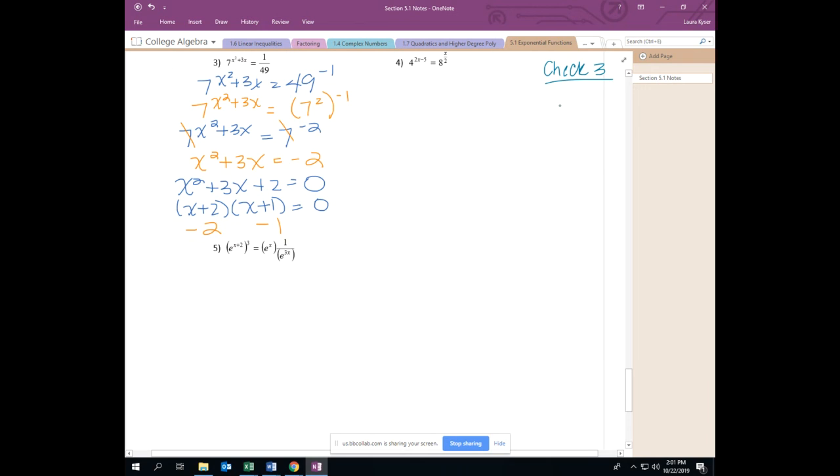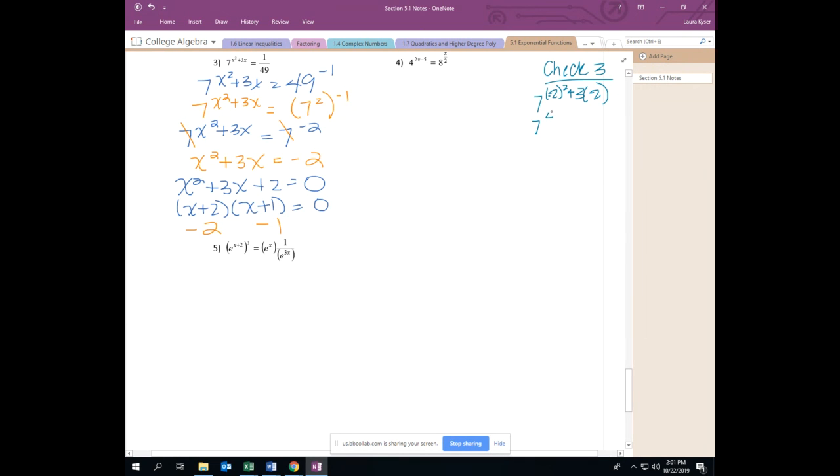3. All right, so we're going to start with negative 2. So this is 7 to the negative 2 squared, plus 3 times negative 2, and it's supposed to equal 1 over 49, so let's see what happens. Negative 2 squared is 4.